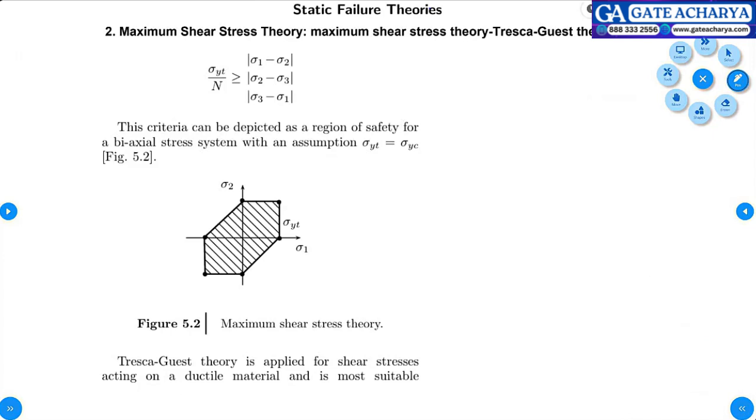So it's applicable for shear stress. When you apply a load, that load should be shearing in nature. Then only you can apply this theory. And it is applied for ductile material. You know that ductile material can be pulled very easily. There will be elongation. It's not like brittle. When you say brittle, example glass, you drop it, it will break off. There is no elongation, deflection, expansion, nothing is present.